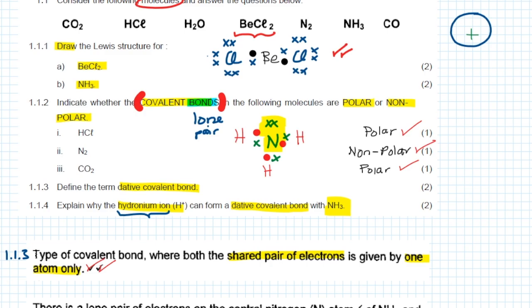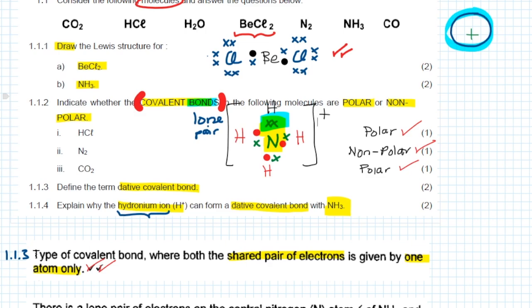What is going to happen is that this empty orbital is going to overlap with this lone pair of electrons from the nitrogen in the ammonia molecule. So then we're going to have an H over here, and together this is no longer ammonia but ammonium, the ammonium ion, which has a charge of +1.